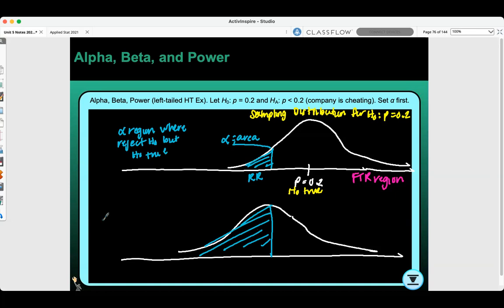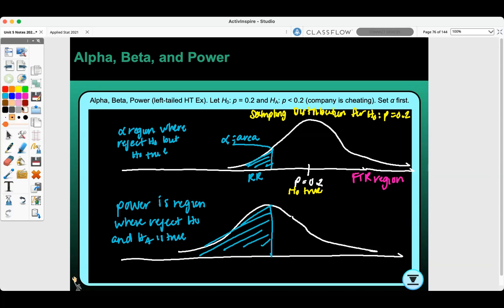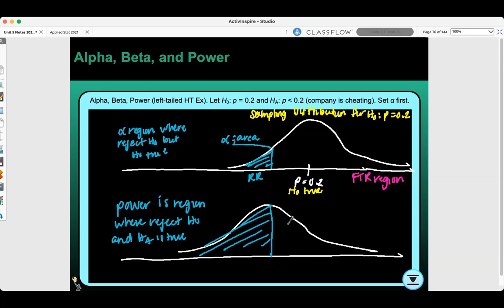And power is the region where we reject the null hypothesis and the alternative is true. Our area on this side is beta.